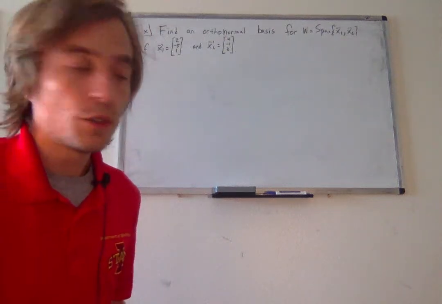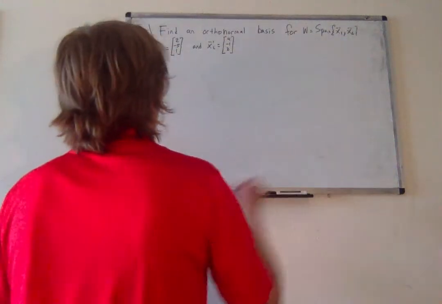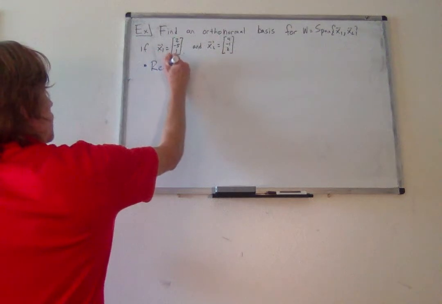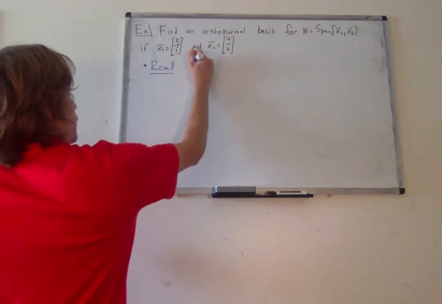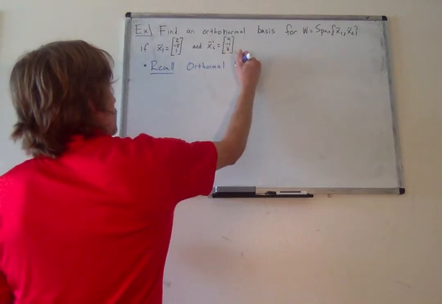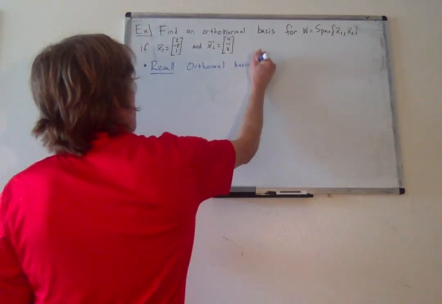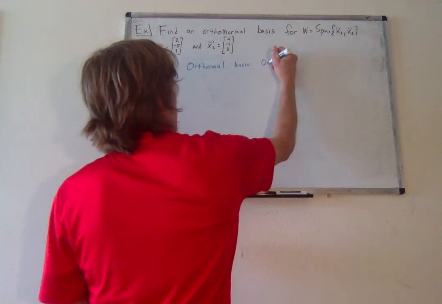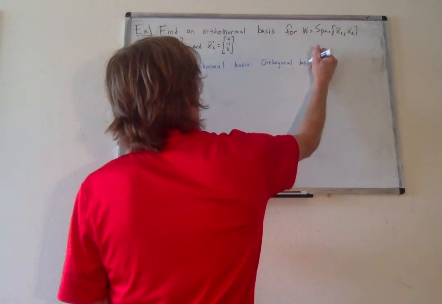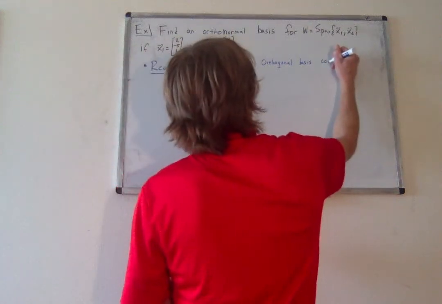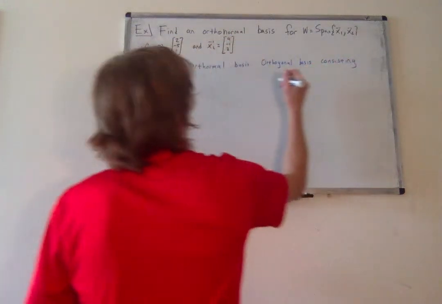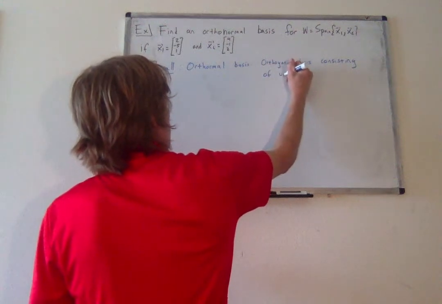So if you'll recall, an orthonormal basis is just an orthogonal basis consisting of unit vectors.